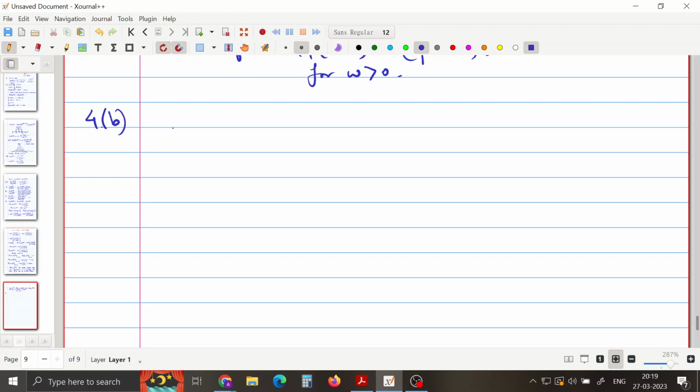For B, let's first try to find the impulse response. Okay, so let's consider the first system. H1 of e power j omega, it was given by this.